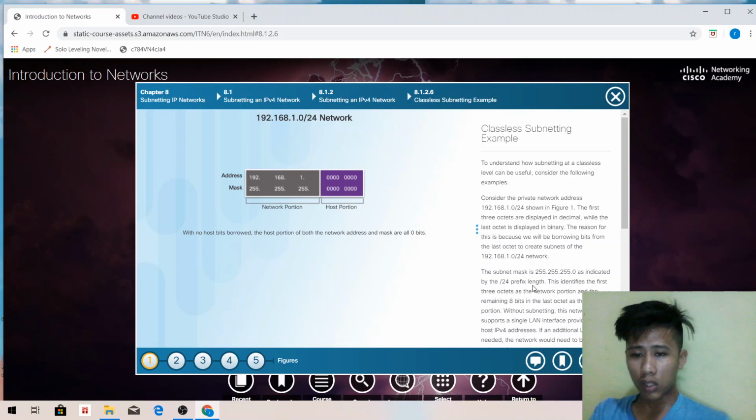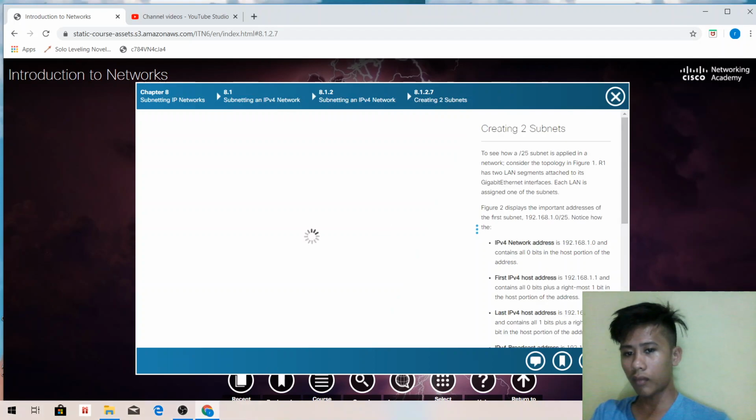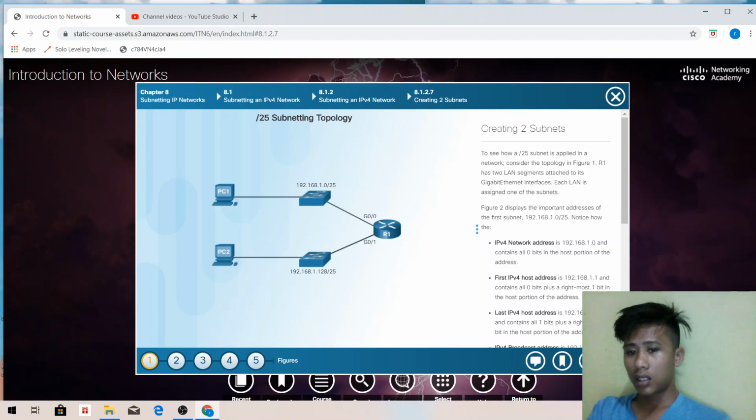The reason is that we will be borrowing bits from the last octet to create subnets of the 192.168.0.0/24 network. Creating two subnets: this is the IPv4 network address and the host.